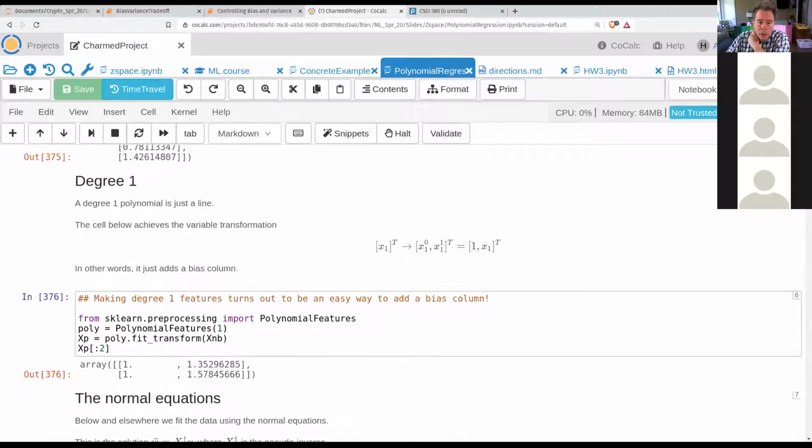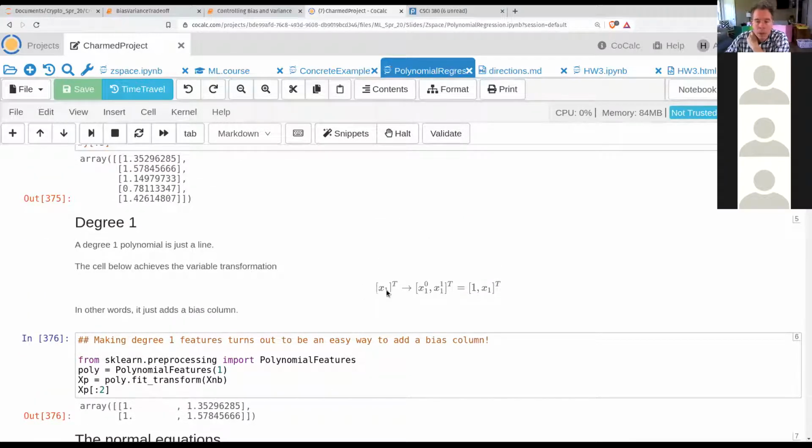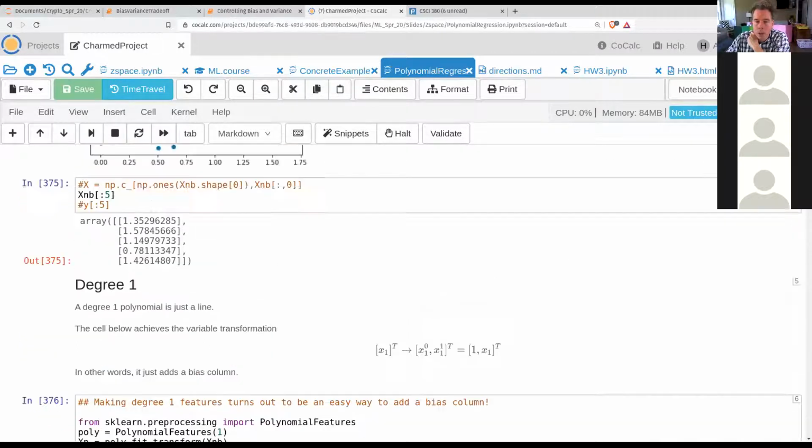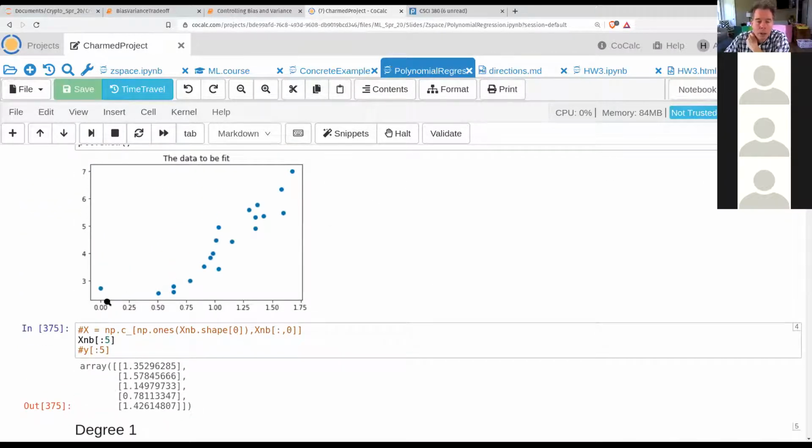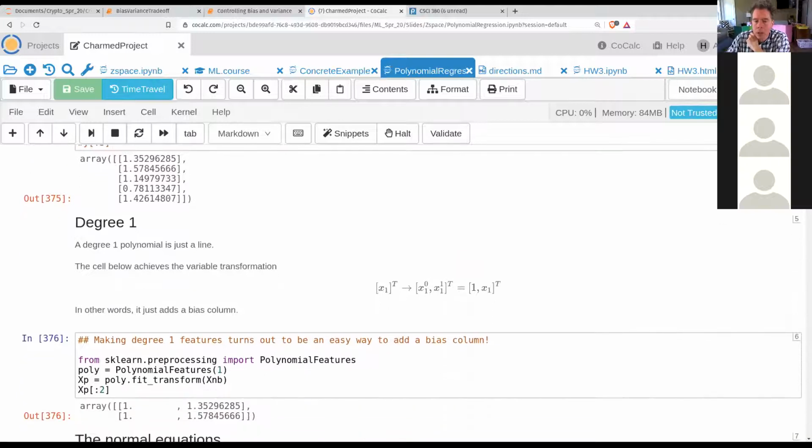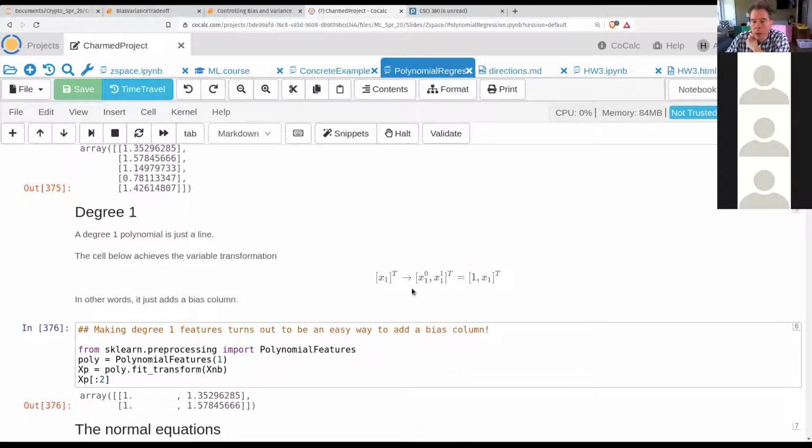And this kind of explains why here. I started out with data that just has 1 column because this is how regression works. The x-axis is like x1 and the y-axis is like y. So in regression, y's are the real numbers. So what we're plotting here is like x, y, literally, same notation. Okay, so when we do a degree 1 transformation, that just adds a bias column.